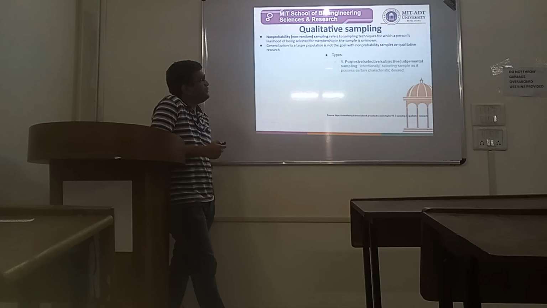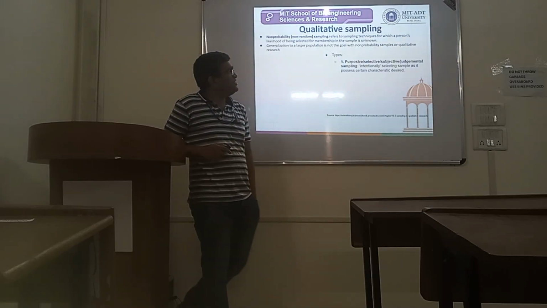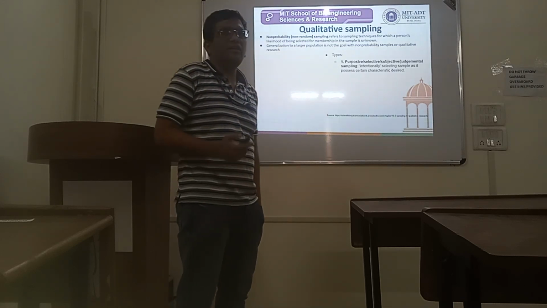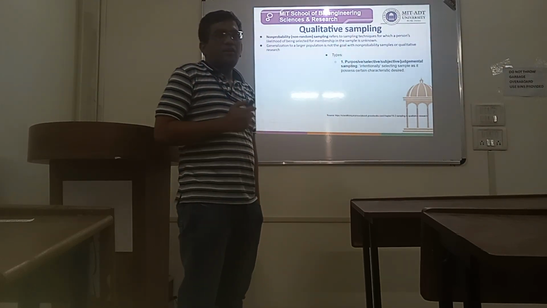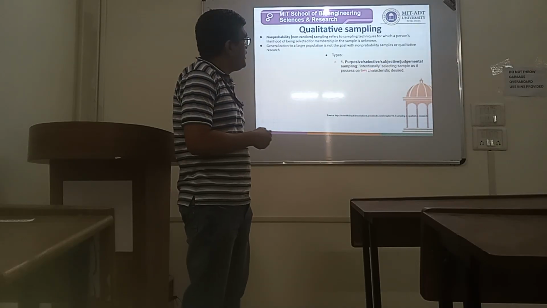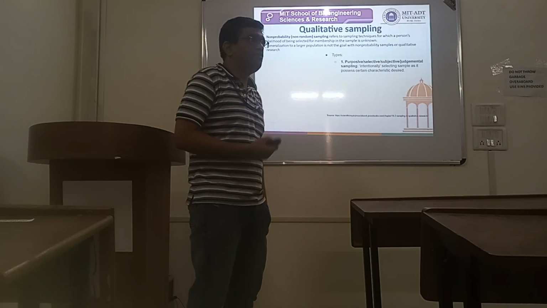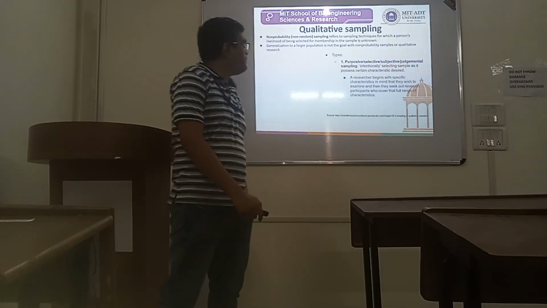There are different types of qualitative samples. First is the purposive, or selective, or judgmental sample. Sampling done with some judgment, some selection or some purpose in the selector's mind is called a purposive sample.